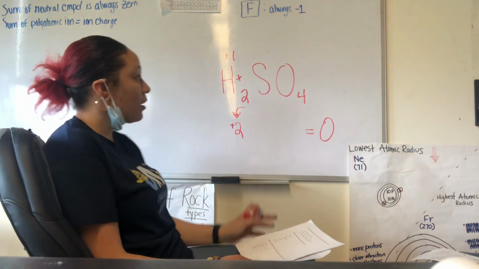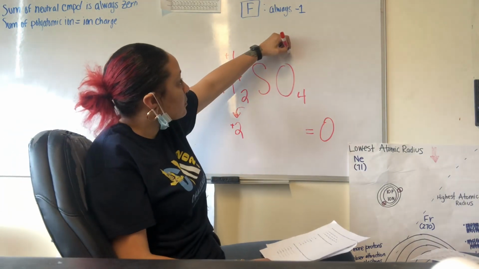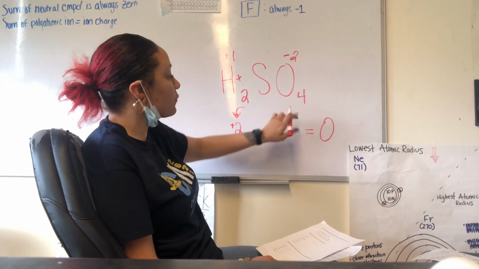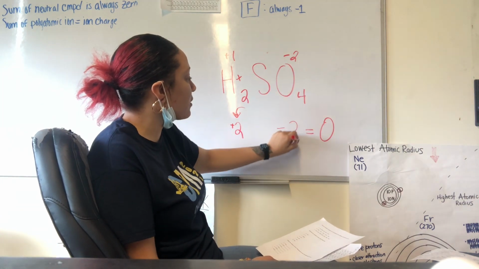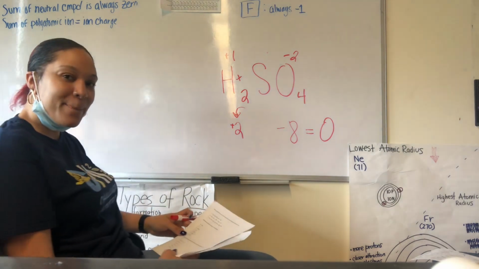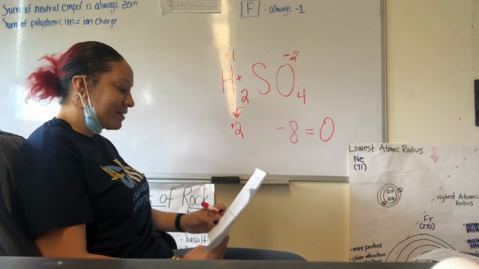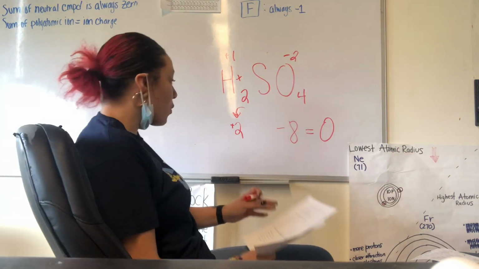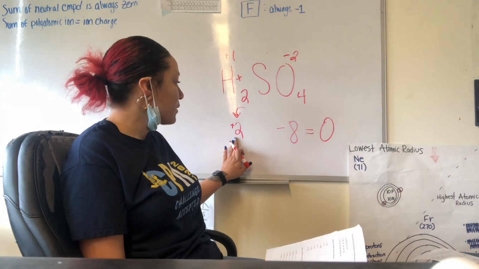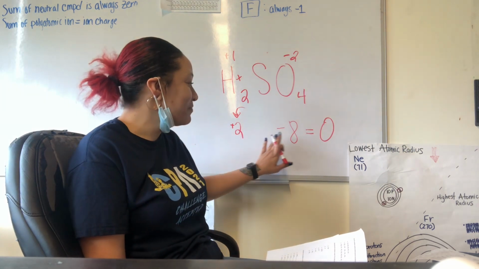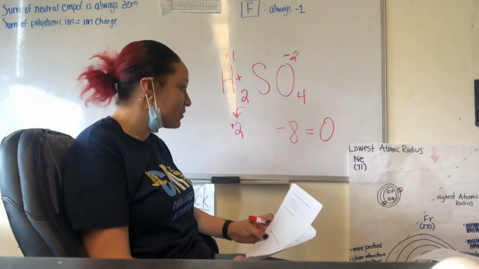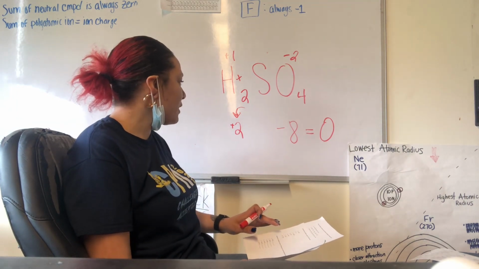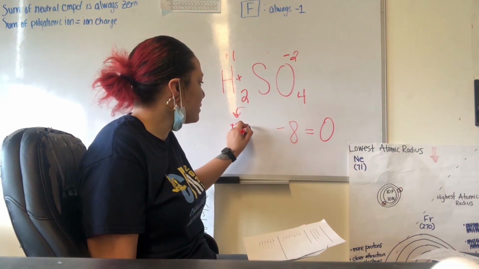This right here, always a negative 2. So negative 2 times 4 is a negative 8. Uh-oh. Looking a little tough, but we got it. Okay, so what minus this would equal 0? Let's see. Would it be positive 6?